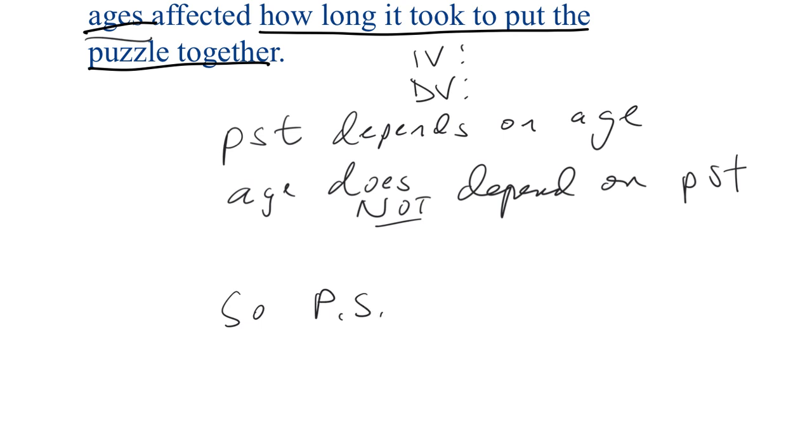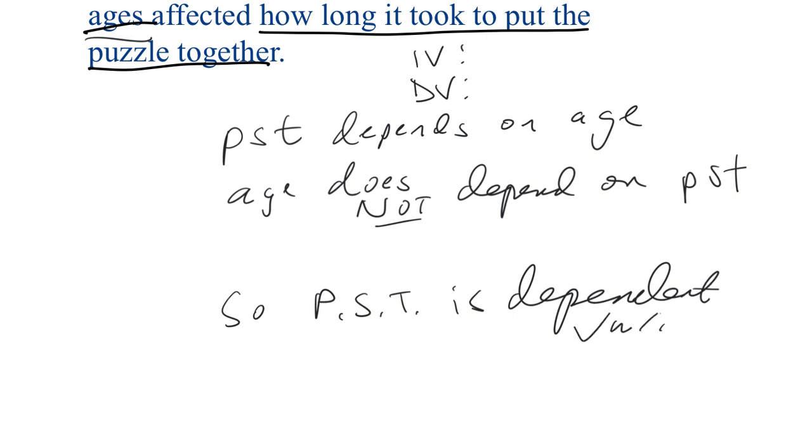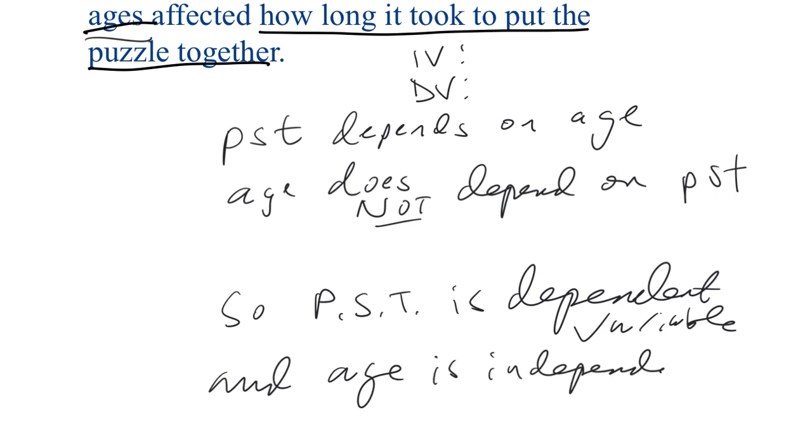So the puzzle solving time is the dependent variable, and the age is independent. Okay, so keep it straight like that.